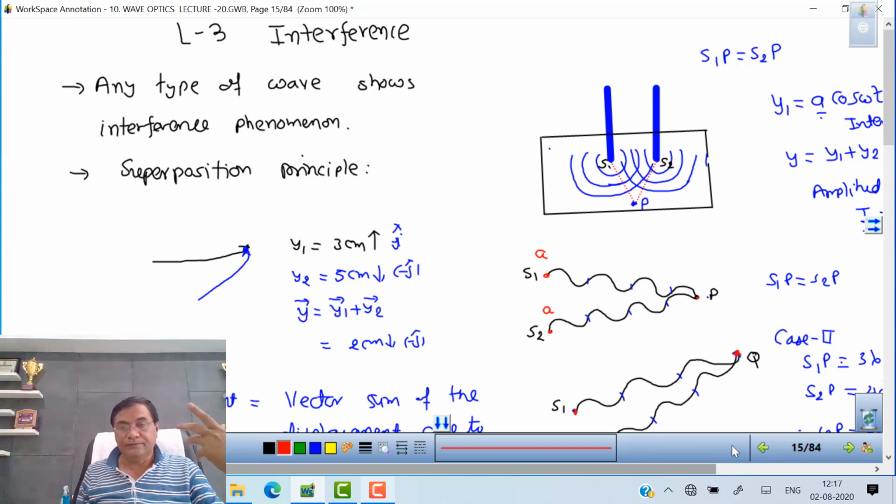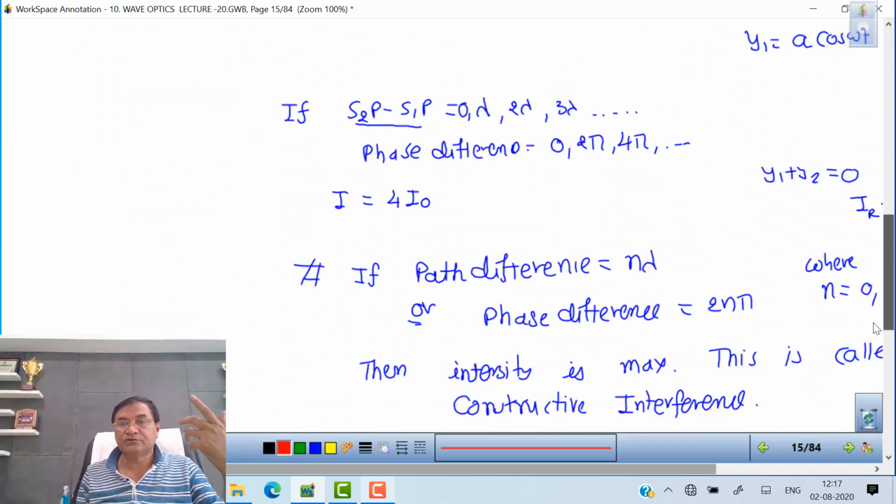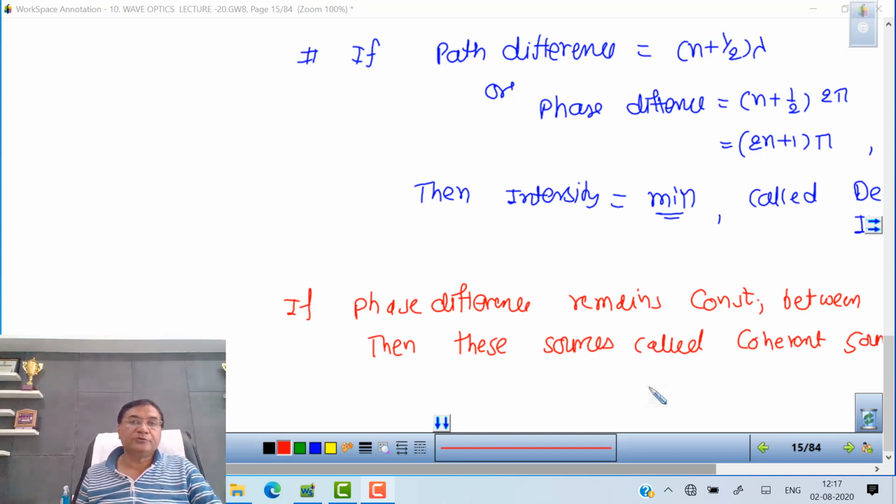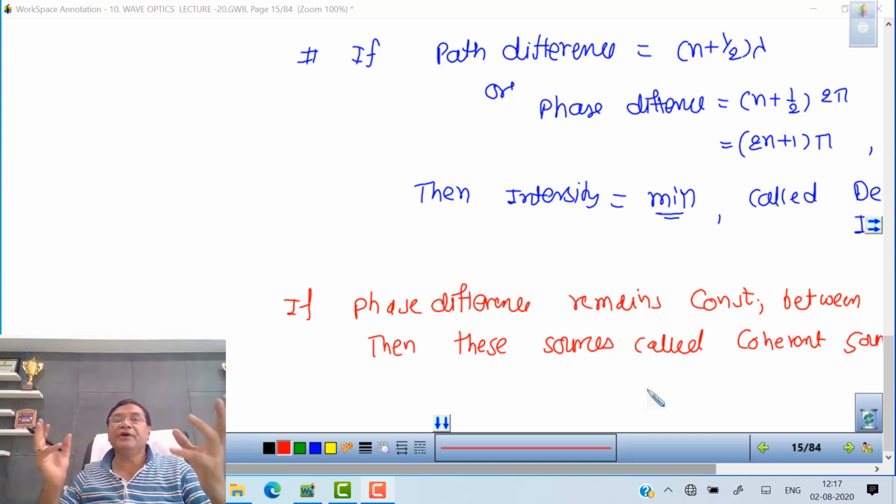So when you see this pattern, or this steady interference, energy is redistributed. Energy is not generated from anywhere, but where there is destructive interference, that energy goes to the constructive places. So it is a redistribution of the energy.